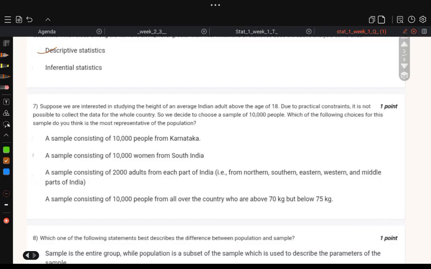The sample consists of 10,000 people from Karnataka. Okay. The sample consists of 10,000 women from South India. We want a good sample, right? For the average Indian male adult, not a regional male adult. So we are trying to take a sample for the whole of India, not a state. So these two are incorrect. The sample of 2,000 from each part of India, it will be correct, right? From each part, the consists of 40. Here the weight constraint is not required, so it will be incorrect.